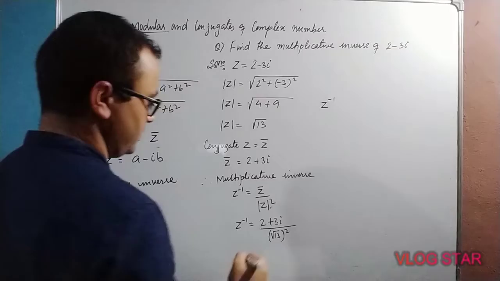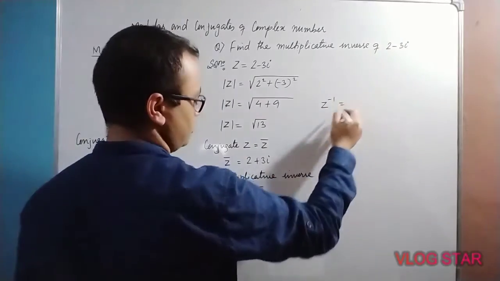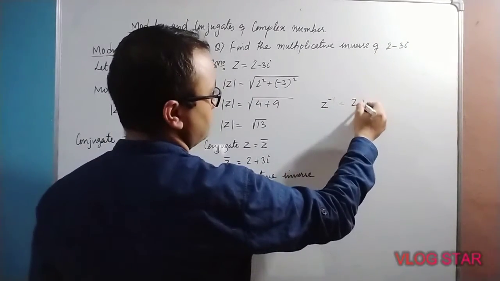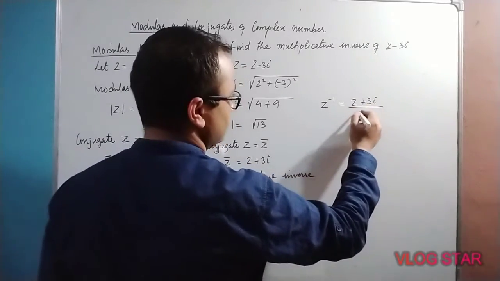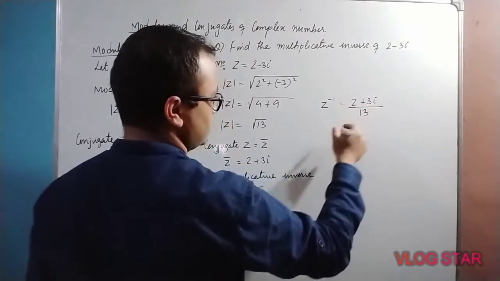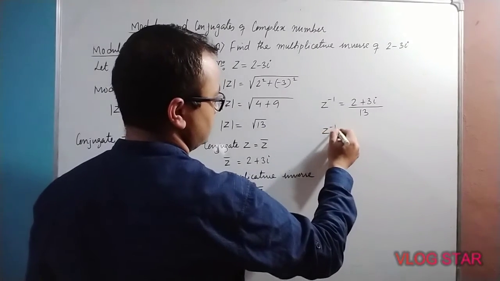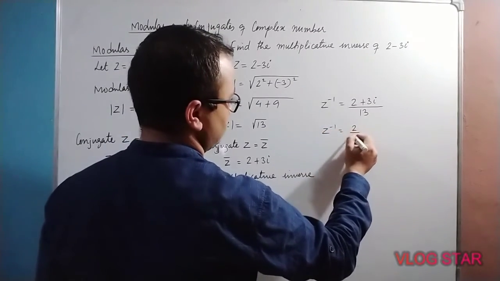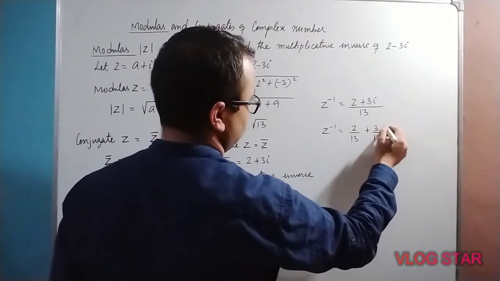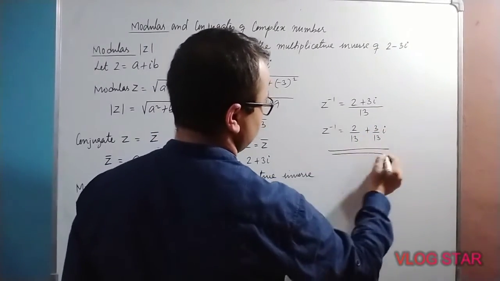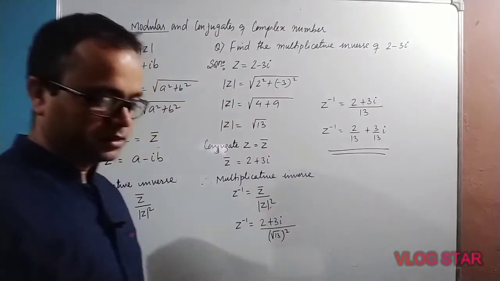So z inverse equals 2 plus 3i divided by 13. Now we can separate: z inverse equals 2 by 13 plus 3 by 13 i. This is the multiplicative inverse of 2 minus 3i.